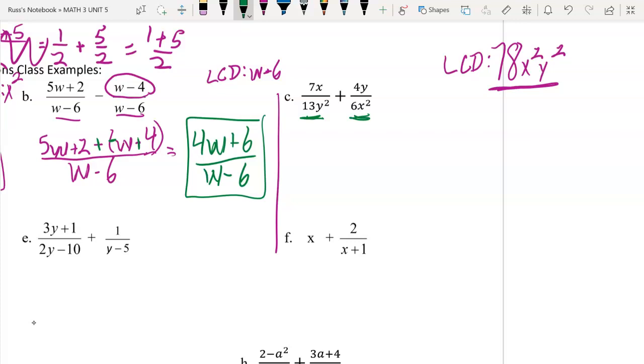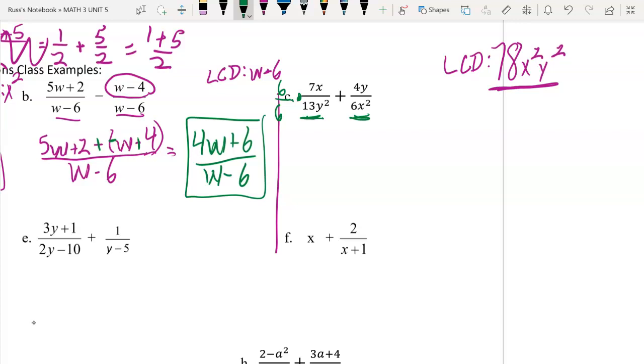To do that, I figure out what I have to multiply 13 by to give me 78. I needed to multiply by 6, and I'm going to multiply by 6 on top and bottom, because 6 over 6 is just 1.